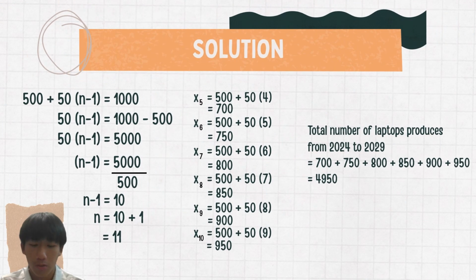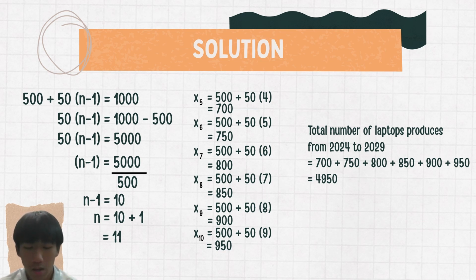And now I will solve question 1. Firstly, we should find the first term and the common difference. The first term is a, and the common difference is d. The first term I found is 500, and the common difference is 50. The formula we use is xn equals a plus d times n minus 1.